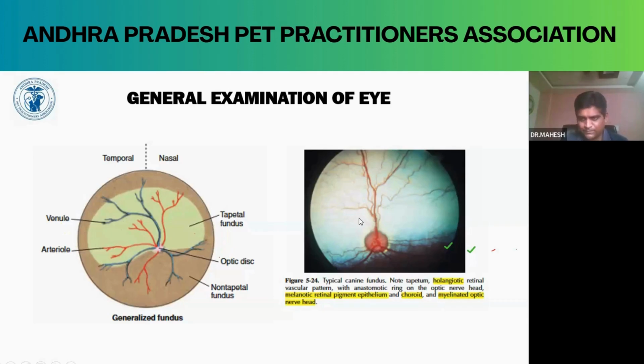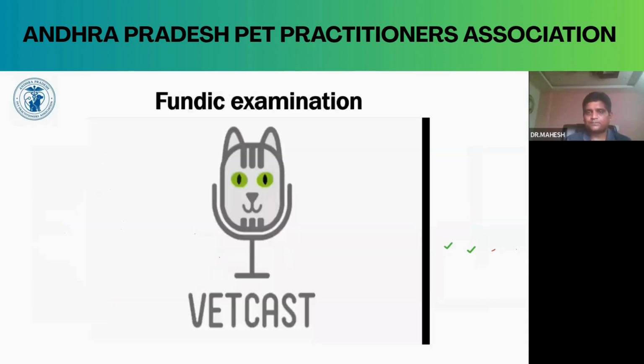That is normal. The non-tapetal fundic area should be brownish, dark brown to black. And the optic disc should be white to pink. This is a normal canine fundus with the indirect ophthalmoscope, using the Finoff transilluminator and the 20 or 30 diopter convex lens.